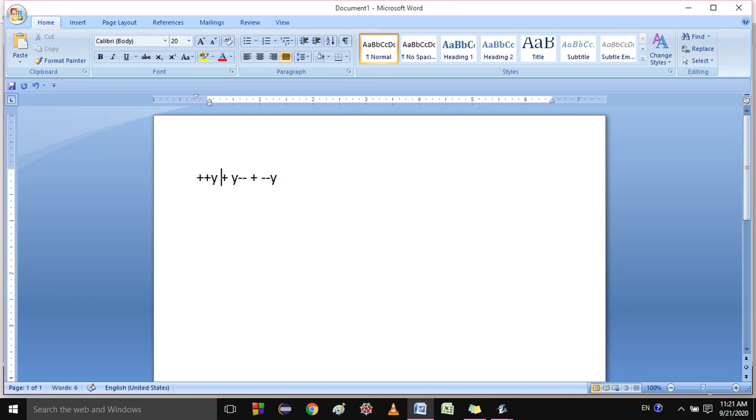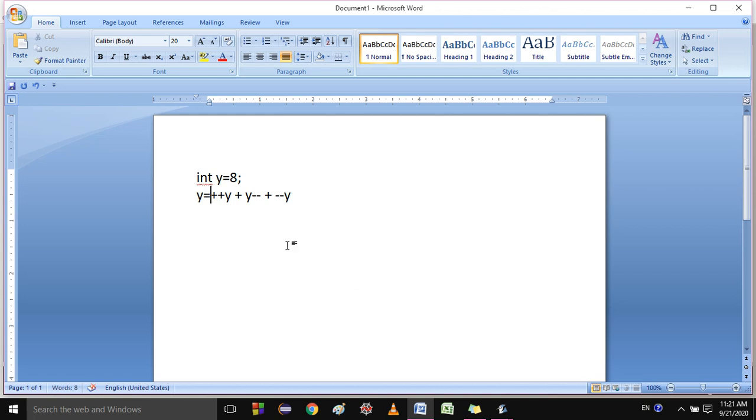We have the value int y = 6, or we can also have, suppose, int y = 8. Then what is the answer if this expression is written?